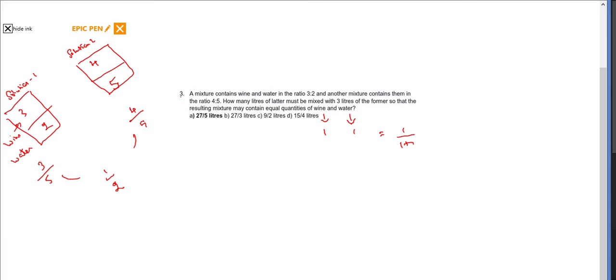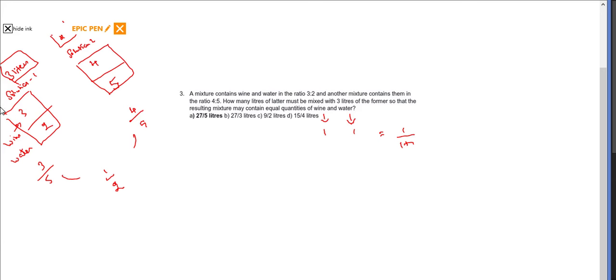So what is said here, how many liters of latter must be added with 3 liters of the former? So what I'm doing is that I'm adding 3 liters of solution 1 with x liters of solution 2.